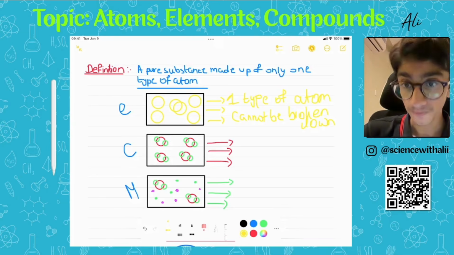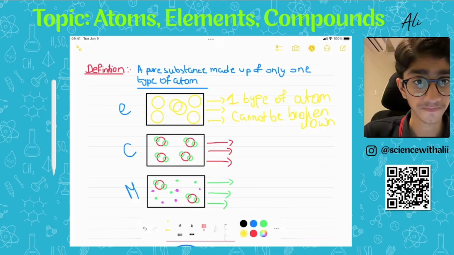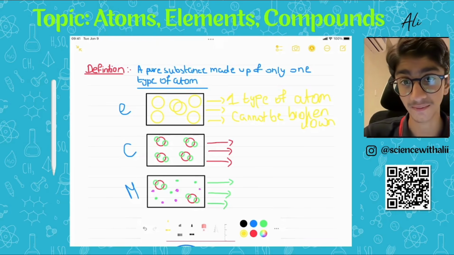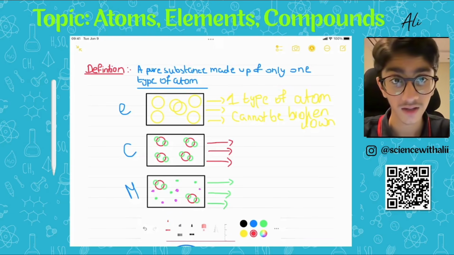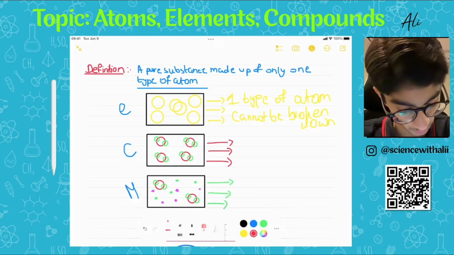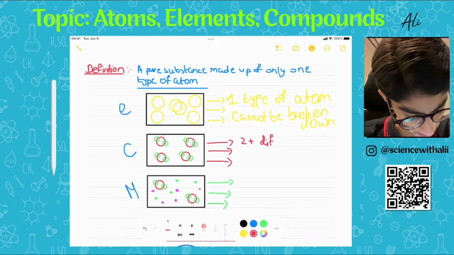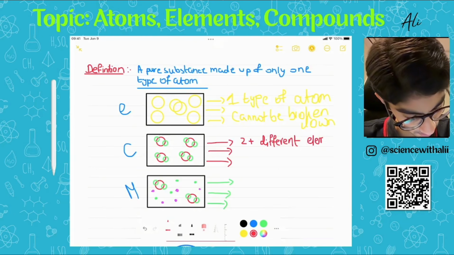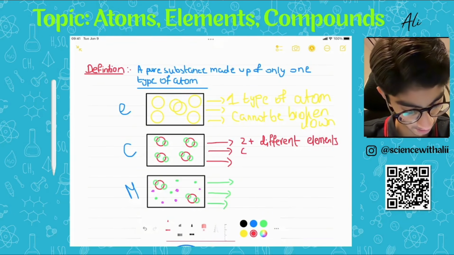Now moving on to compounds. The compounds are substances formed when two or more different elements chemically combine. So let's write this down. We have the first point, 2 plus different elements. It can be 2 or it can be more than 2. So 2 plus different elements chemically bonded.